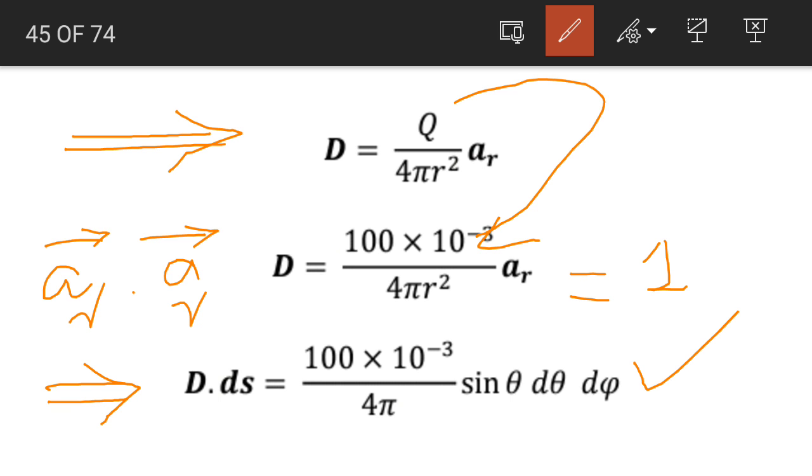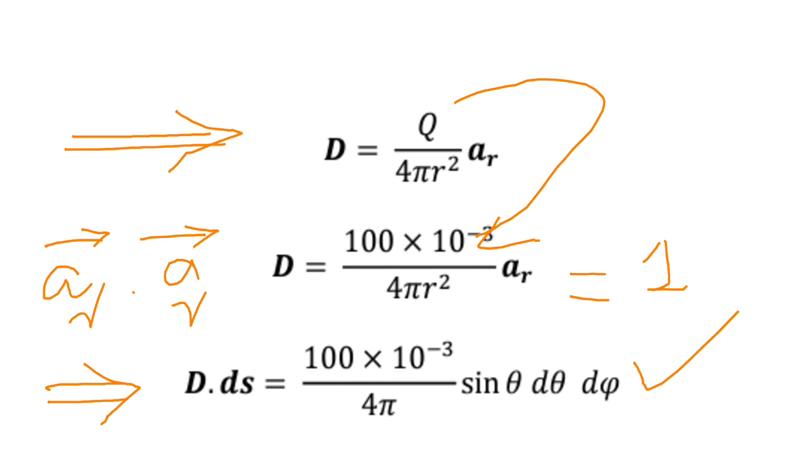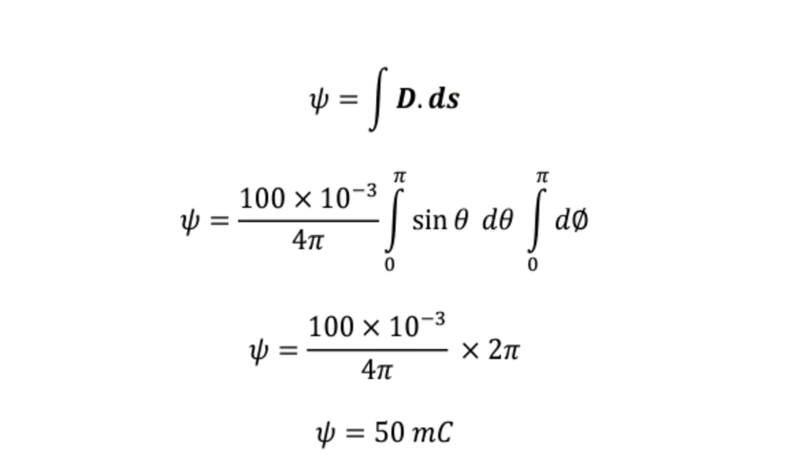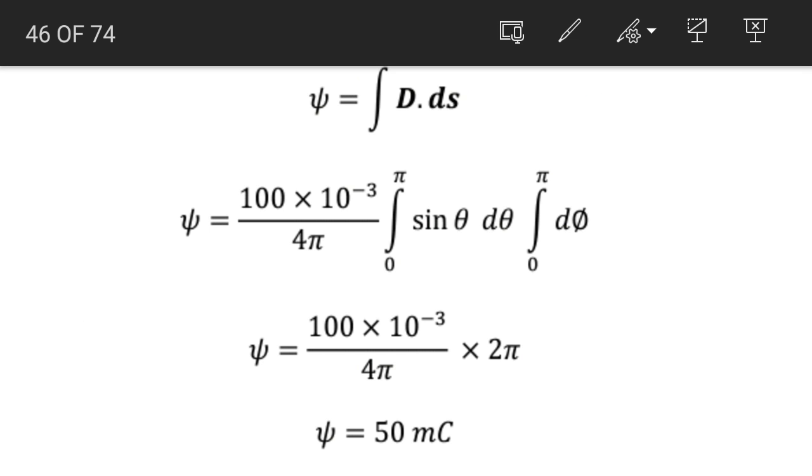Okay, and we want to calculate the flux passing through the spherical surface. So we know that the flux passing through the spherical surface will be equal to the integration of D dot dS, which gives the flux in the outward direction.